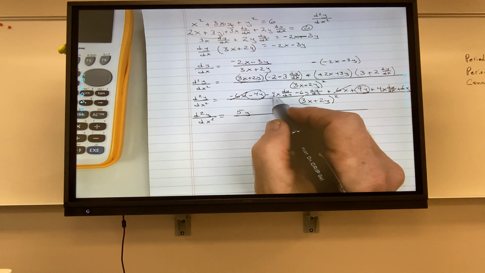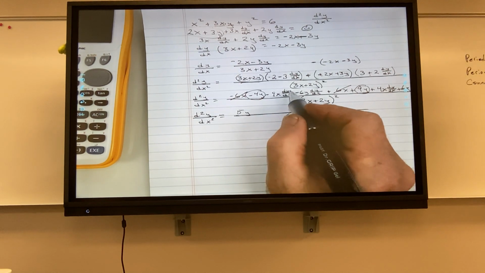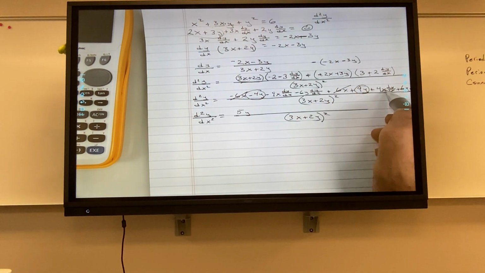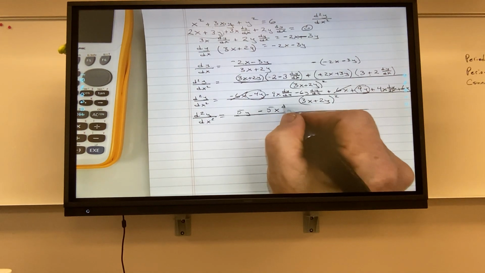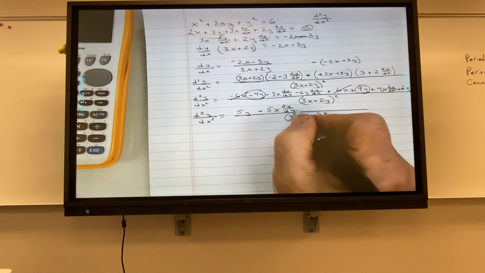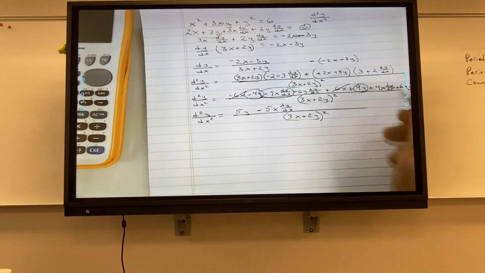And then I have a minus 9x dy dx plus 4x dy dx, and I get a minus 5x dy dx. And now I've lost. So I combine that one with this one. I cannot see the entire page.